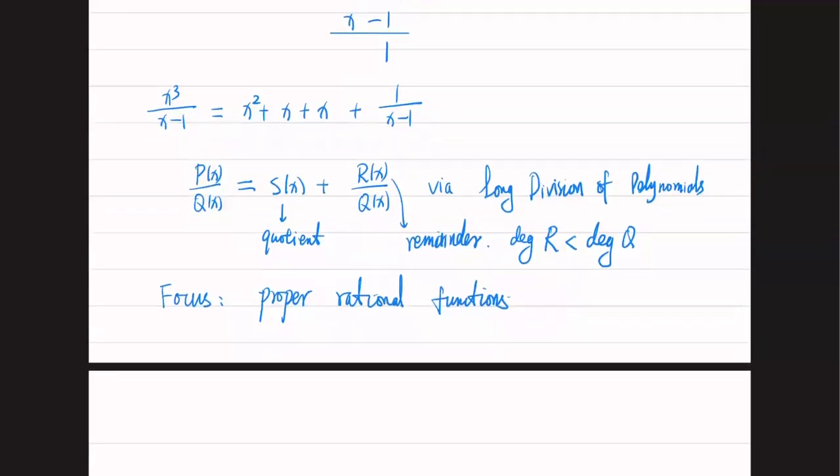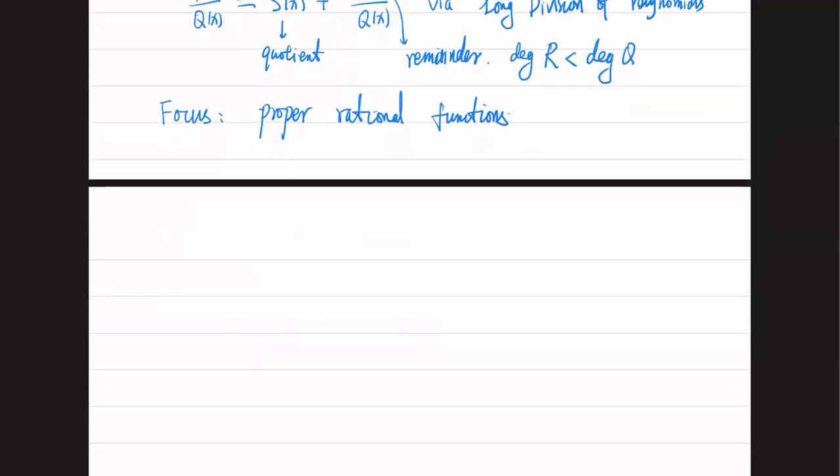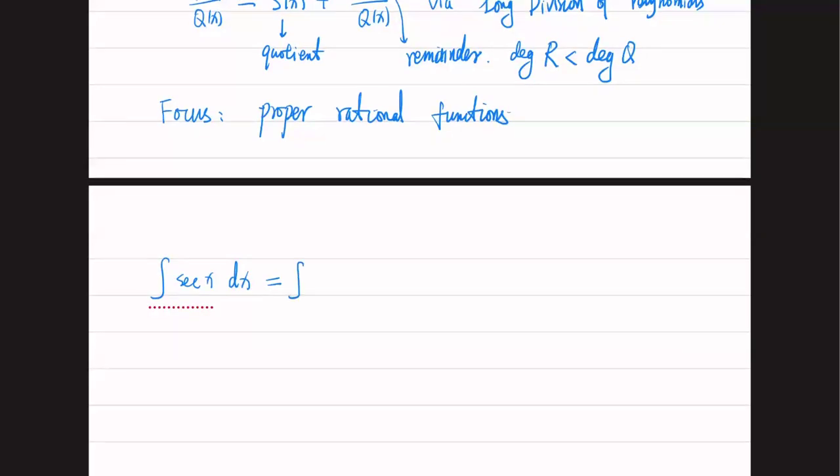Okay, so why is this important? Let's recall the unfinished integral we encountered last time. The first attempt we introduced was to use the definition of secant, 1 over cosine x dx. So we make up a factor, so the cosine squared x dx.